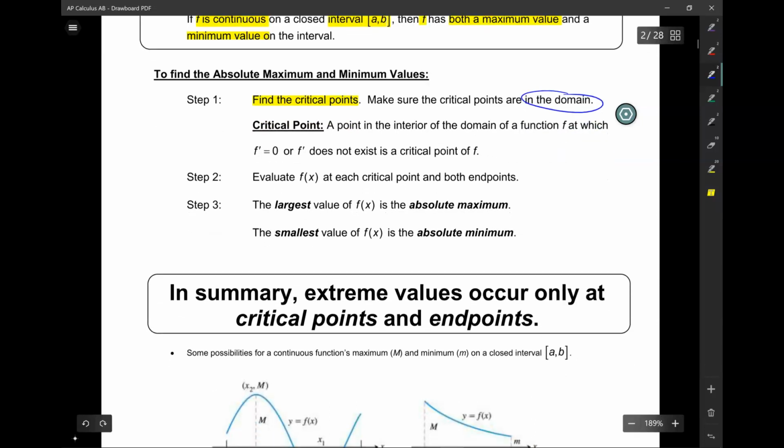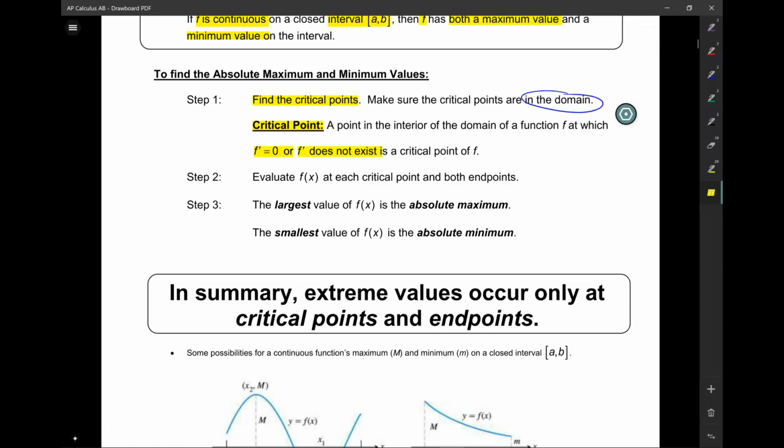Okay, what is a critical point? This is important. A critical point is a point within the domain of the function, within the domain, 0 to 2, a to b, where either of two things happen: either f prime is equal to 0 or f prime does not exist.